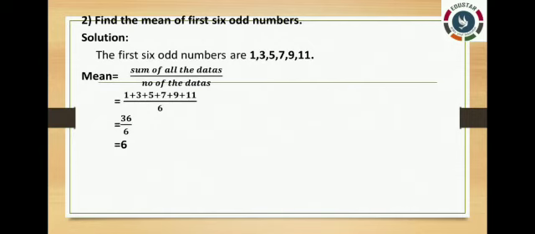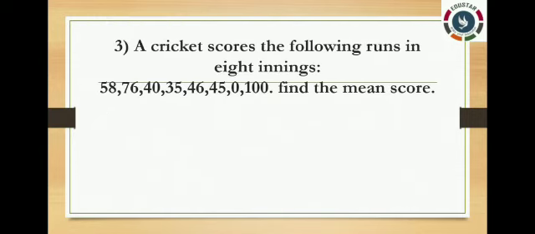We will see one more example. A cricketer scores the following runs in 8 innings. Find the mean. Write the formula of mean. Sum of all the datas divided by number of the datas.